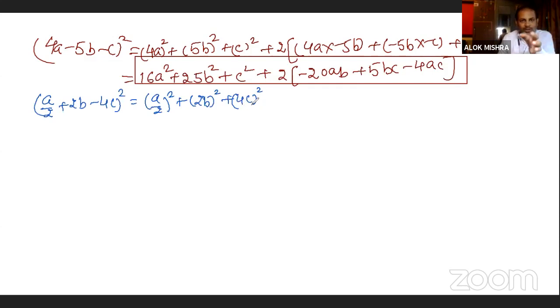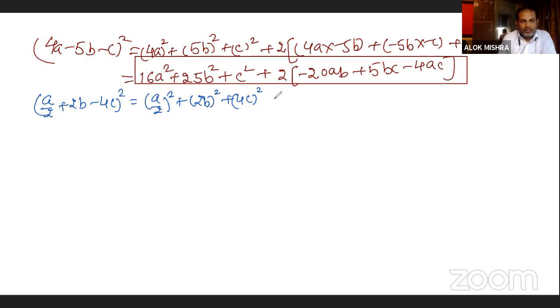Now, why am I writing plus 4c even though the sign is minus? Even if I put a minus sign over here, the square is always going to give me a positive number, right? That is why I don't have to bother much about the sign at this particular step, because the square of a negative number will always give me a positive number only.